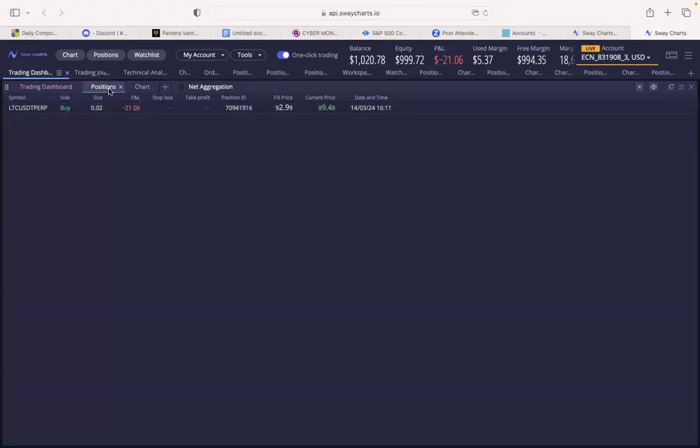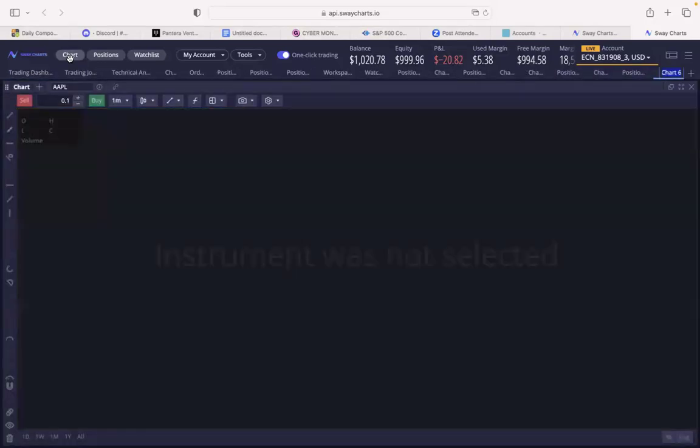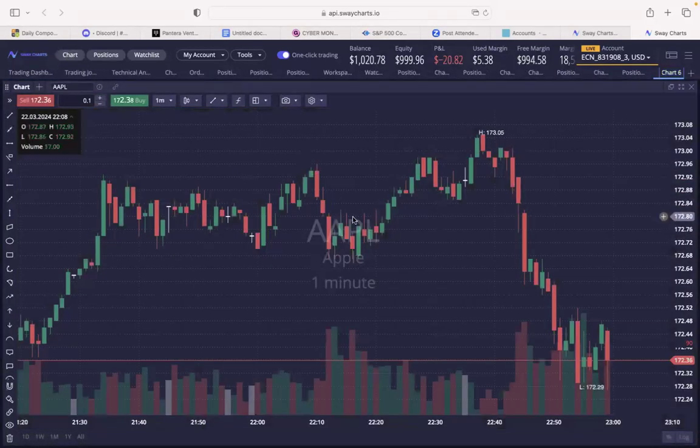Trading dashboard, this is the position. I even forgot I was in this position. So you can come here where it says chart. Once you hit chart, it will open a chart.